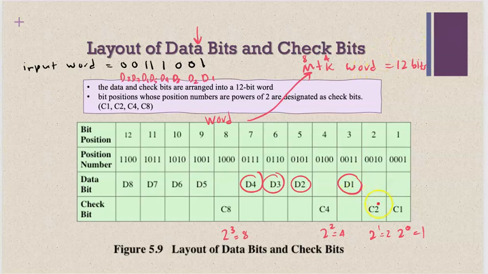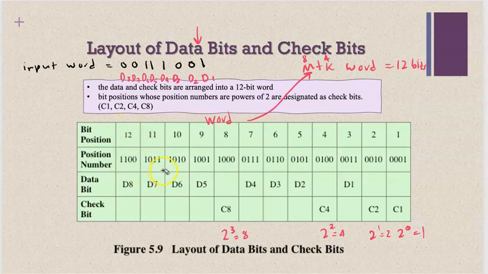Okay, so now that we have established how they are ordered, I would like to remind you that the bit position can also be translated in binary form. Why is it important to translate the bit position in its binary form?